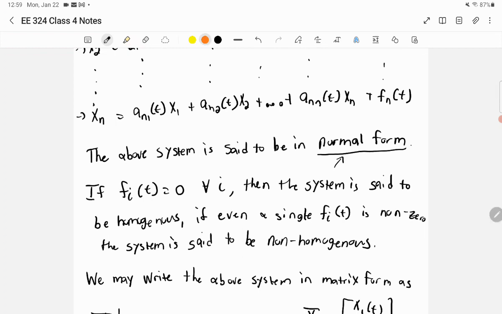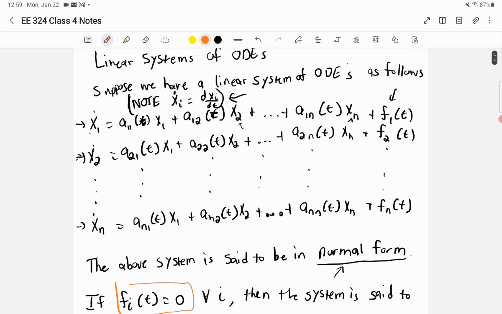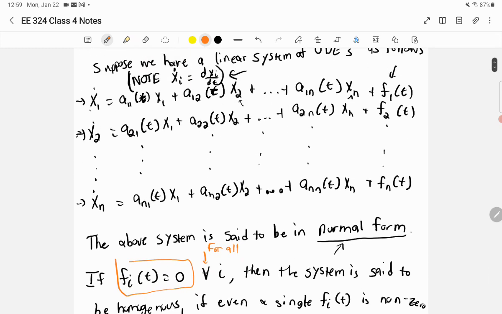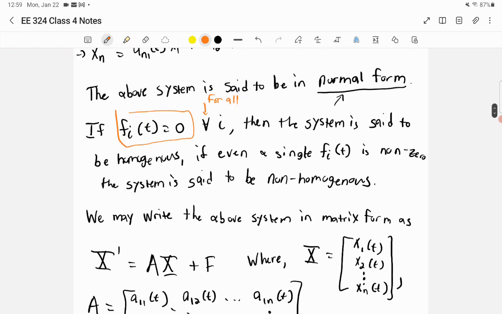Another thing to note is, if all of the f's, so each one of these f1, f2, all the way to fn, if fi of t is equal to 0 for all i, where this is the symbol for all, so f1 is 0, f2 is 0, all the way to fn is 0, then the system is said to be homogeneous.